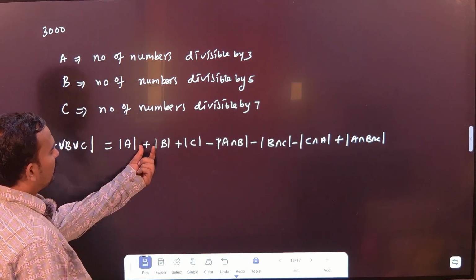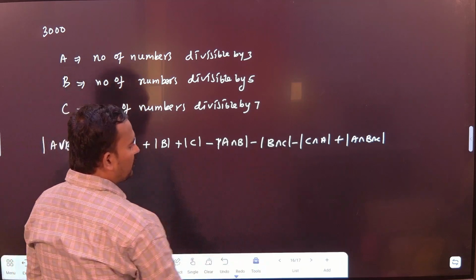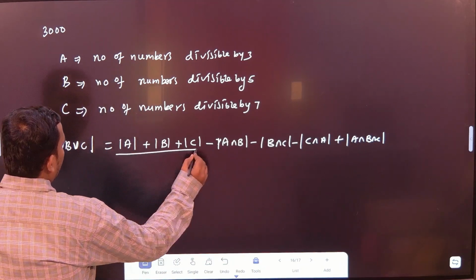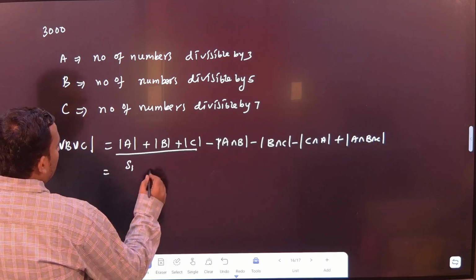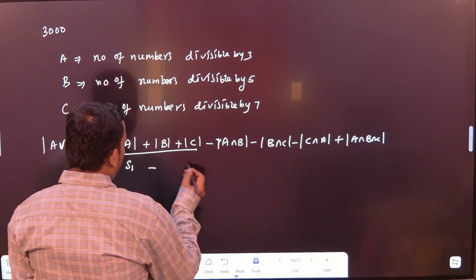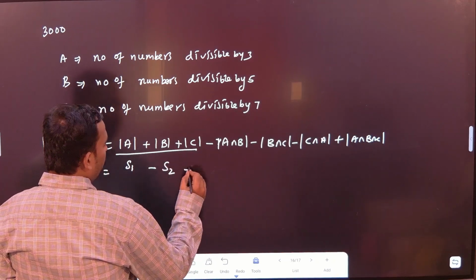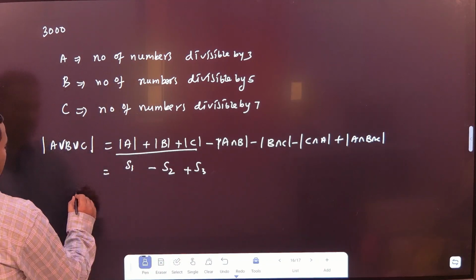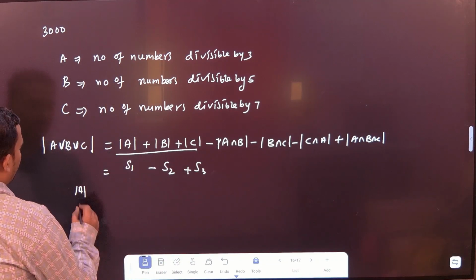You're adding, that is inclusion, subtracting, that is exclusion. So we need to find this. First let us find the cardinality of A.